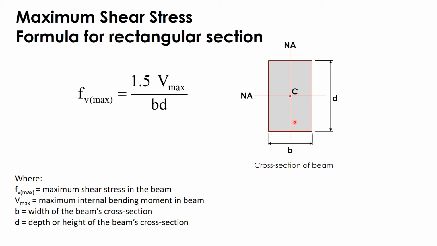So, if you will substitute that to get Q, and knowing the centroid of that A prime, which is D over 4 naman, kasi ang magiging depth ng A prime mo ay D over 2. So, ang location ng centroid noon ay half ng D over 2 from the neutral axis, which is D over 4.